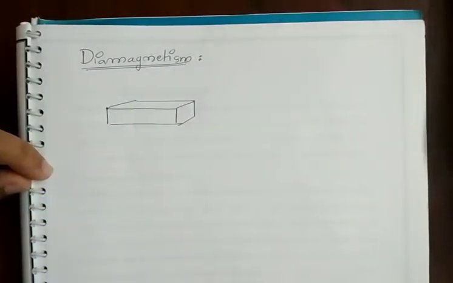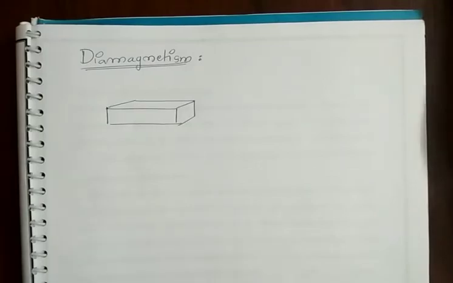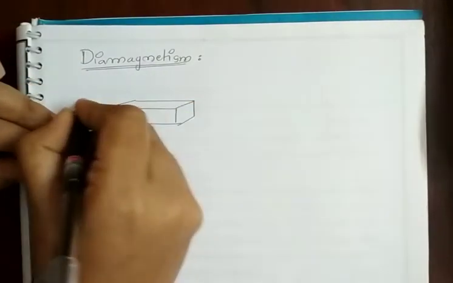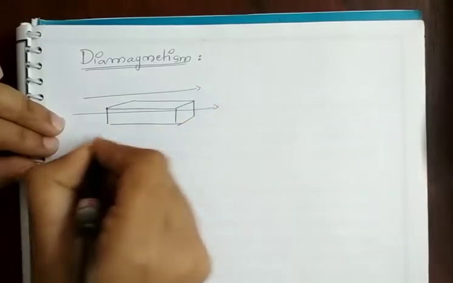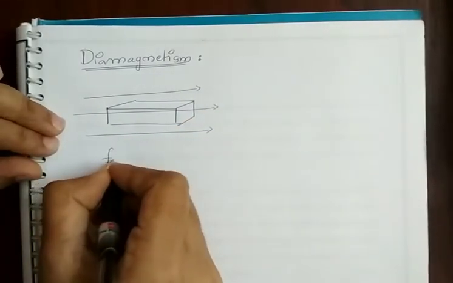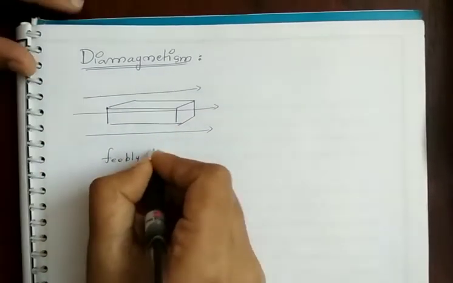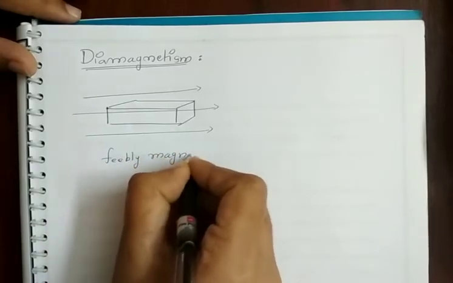Now when we are talking about the diamagnetic material, the difference is that the diamagnetic material, when placed in an external magnetic field, is also feebly magnetized.